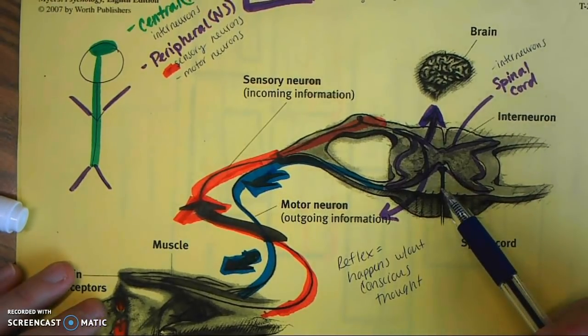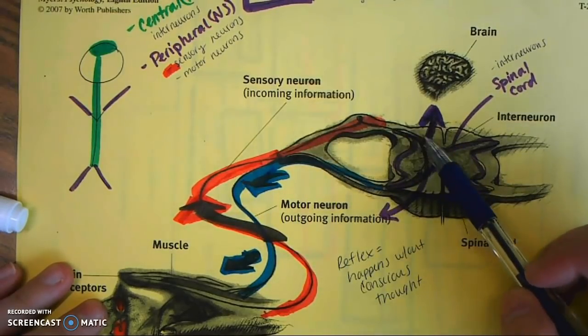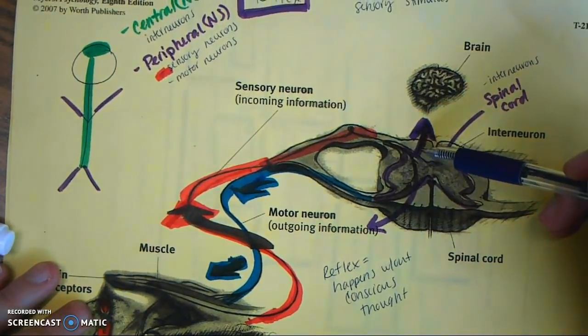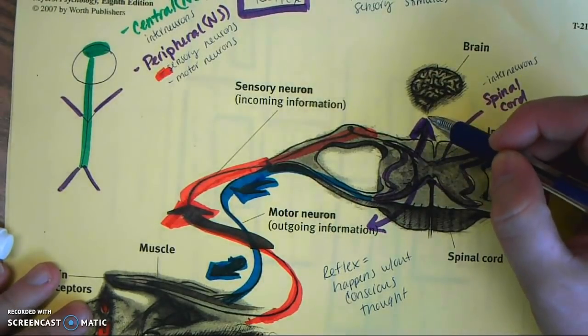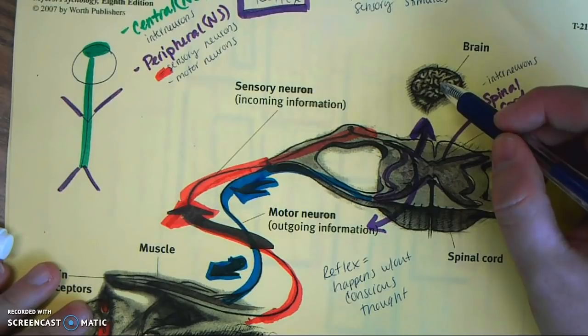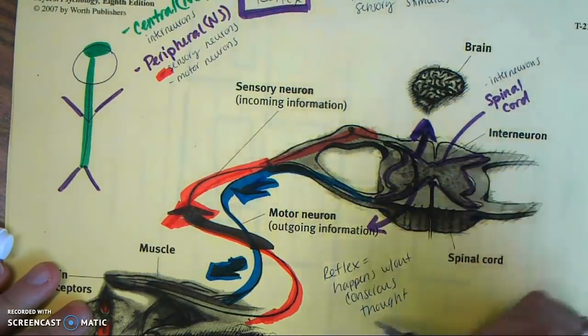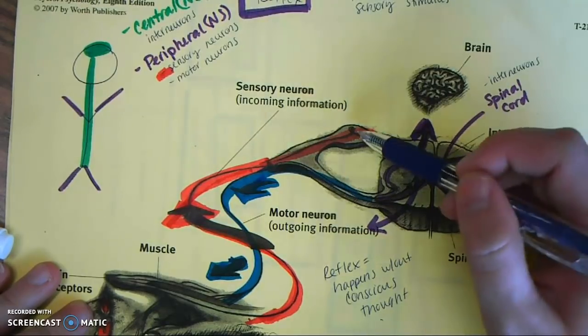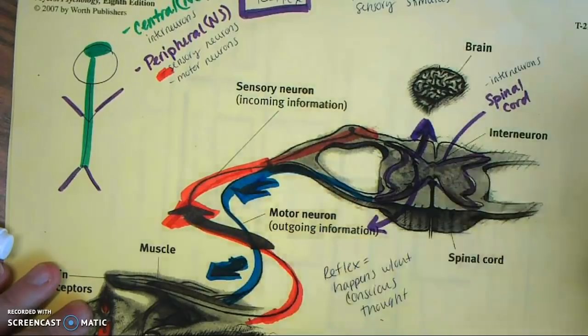So the way it works in terms of a reflex is the sensory neuron activates interneurons. And the path of interneurons going up to the brain takes longer, for that message to go all the way up to the brain to think about it, come back down an interneuron, then loop up to a motor neuron. So what a reflex does is it loops right back around to a motor neuron and has you move your hand away.